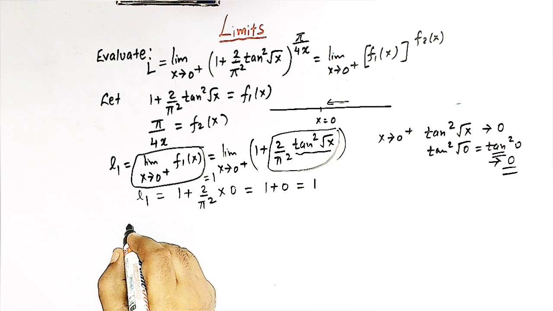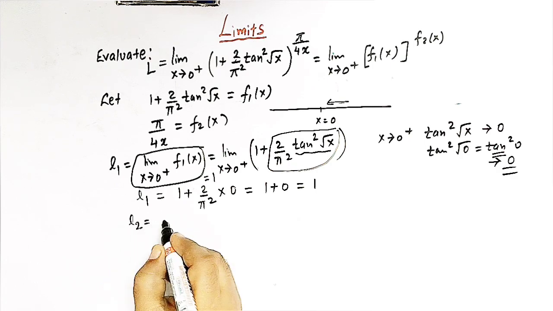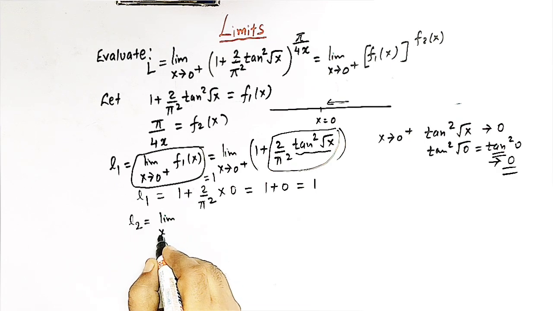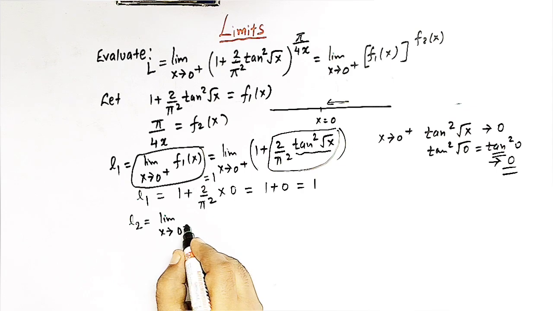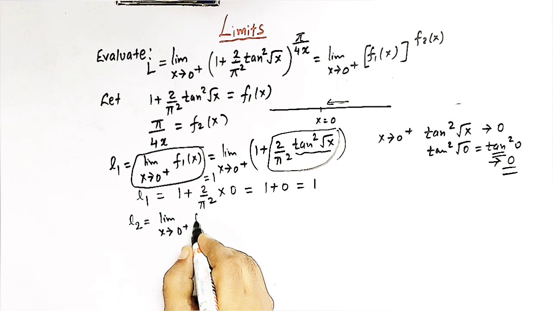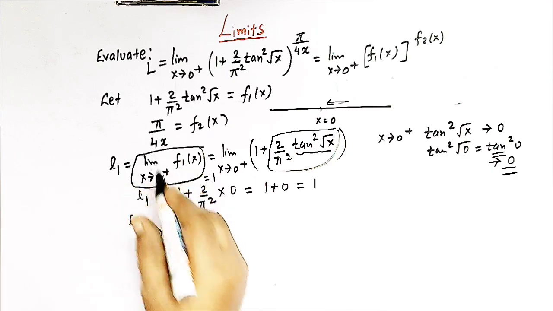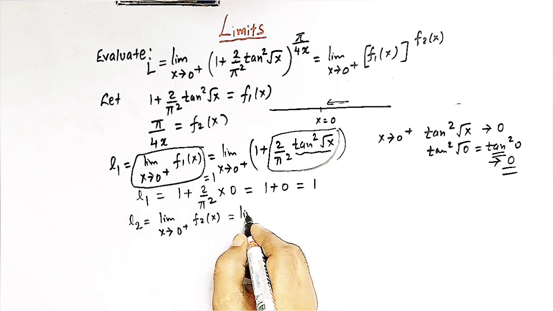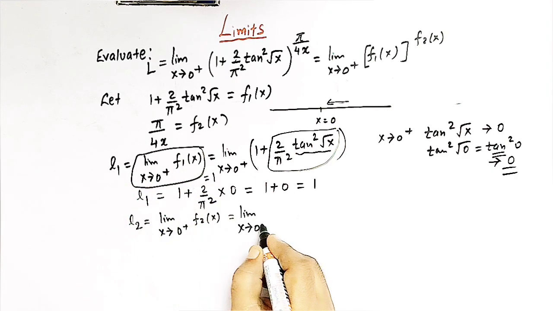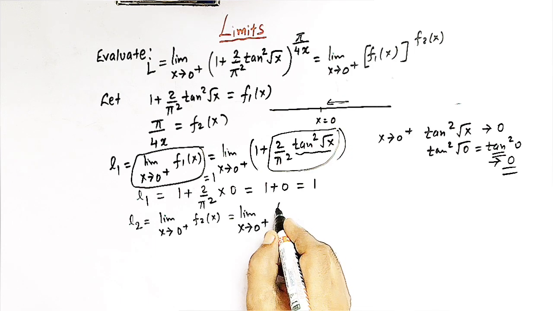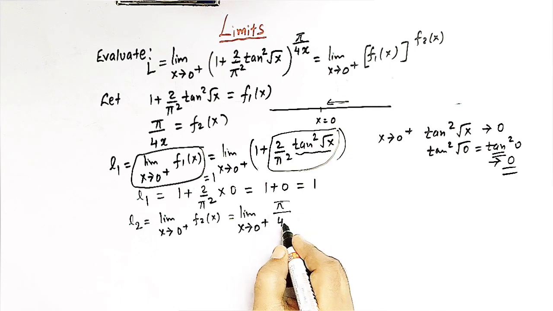So now let us find out the limit L2, that is limit x tends to 0 positive of f2(x). f2(x) is π/4x. So we have limit x tends to 0 positive of π/4x.